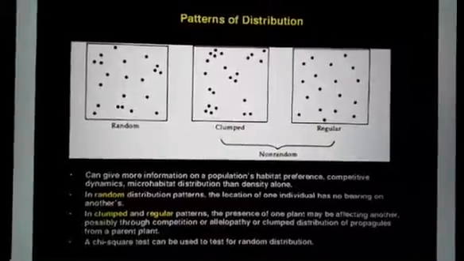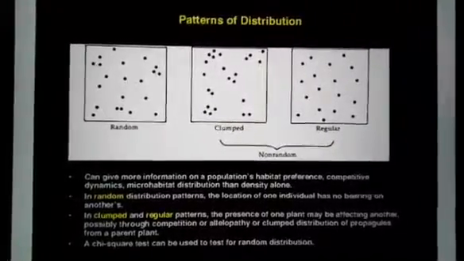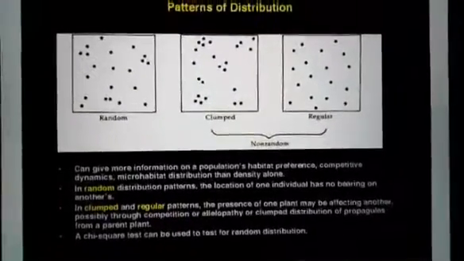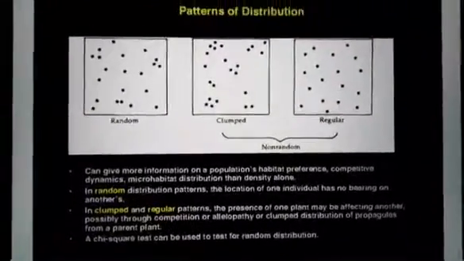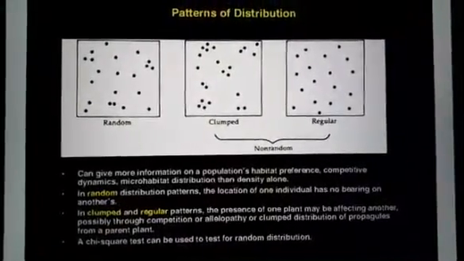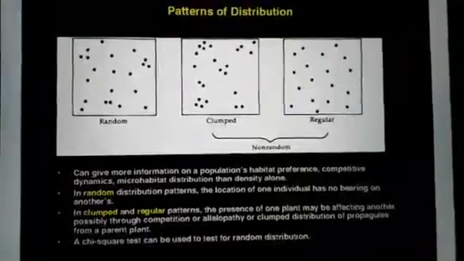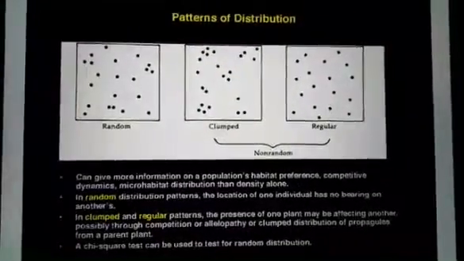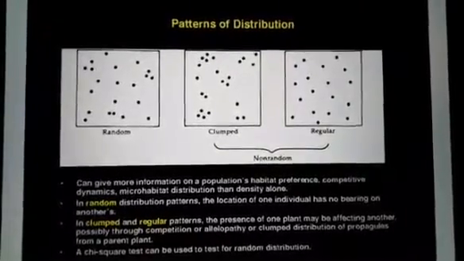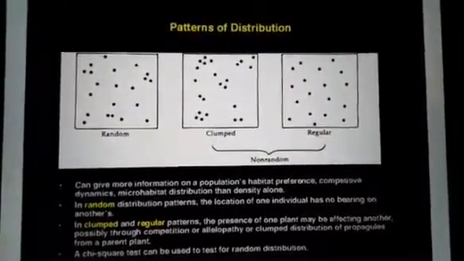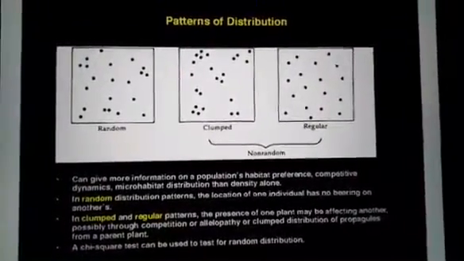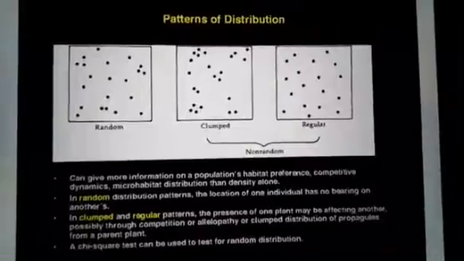In random distribution patterns, the location of one individual has no bearing on another individual's location. But in the clumped or regular, you find that the presence of one plant may be affecting another plant which is nearby, possibly through competition or allelopathy, or the clumped distribution of propagules from the parent plant.